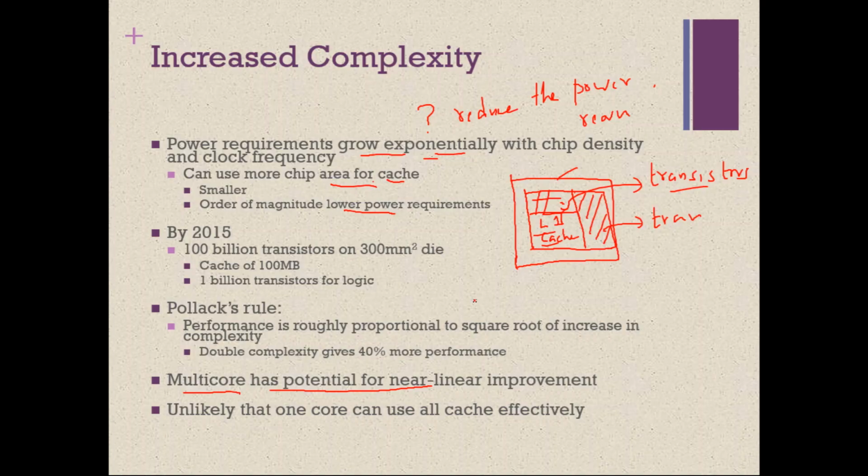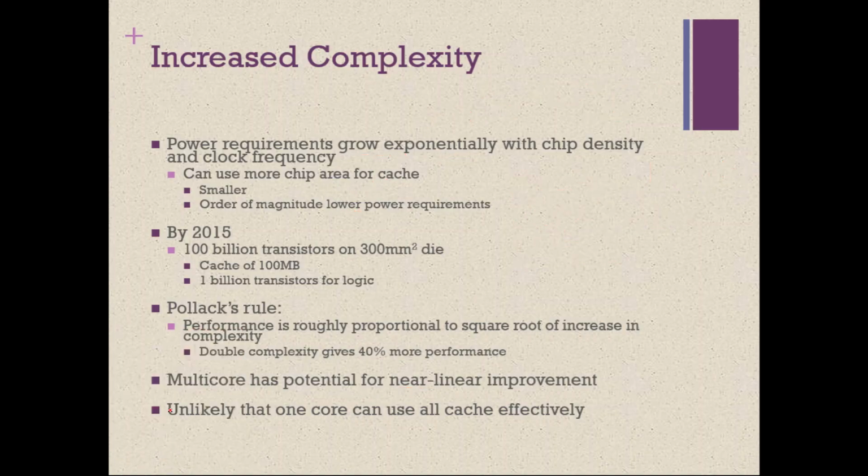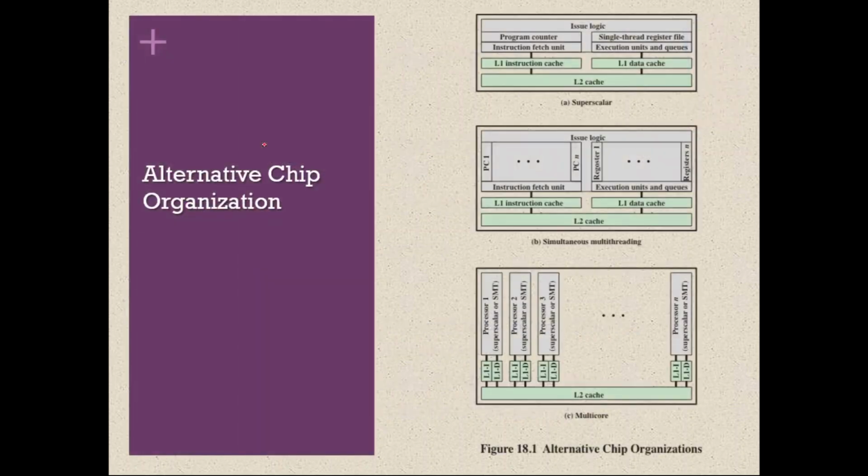So this is one of the techniques suggested to reduce power consumption. To reduce the power requirement, you can use more chip area for cache. That is what is shown in this diagram.